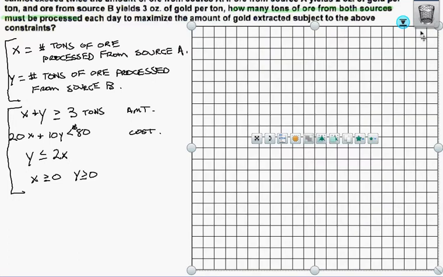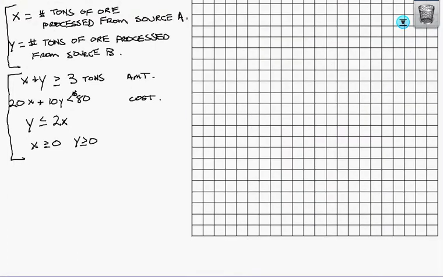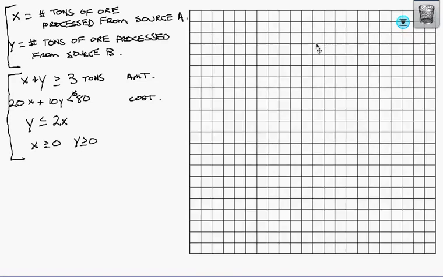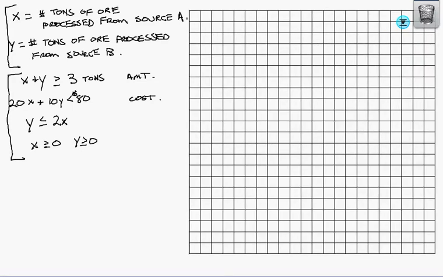We're saying that X is the number of tons from source A, and this is source B tons.